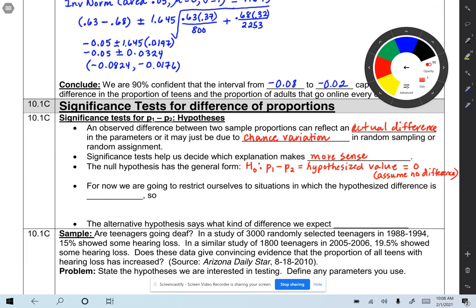For now, we are going to restrict ourselves to situations in which the hypothesized difference is going to be 0.